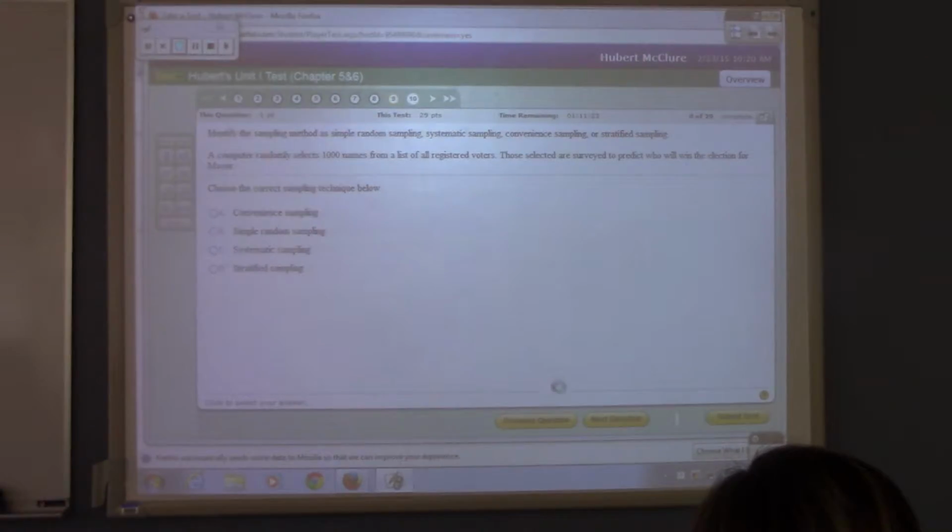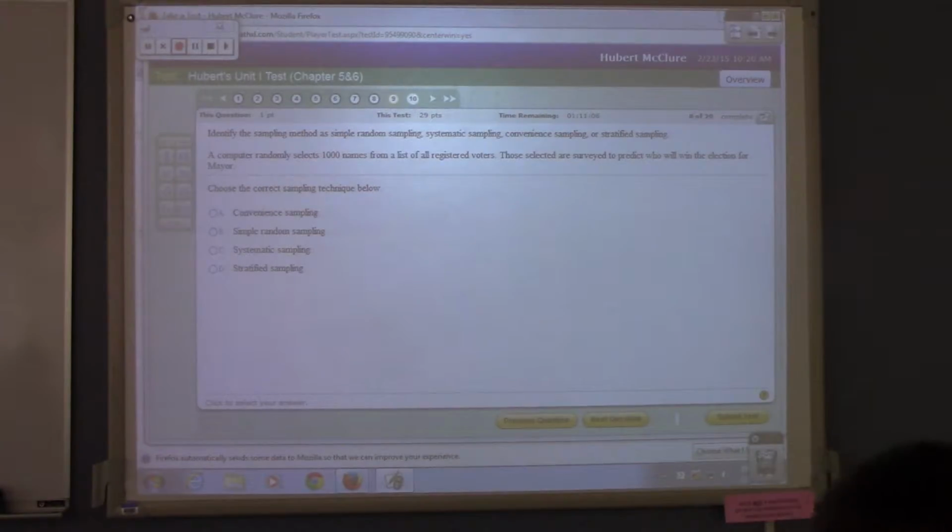A computer randomly selects 1,000 names from a list of registered voters. Those selected are surveyed to predict who will win the election. A computer randomly selects 1,000 names. Well, what would that be? Well, it's not systematic, because systematic is what?